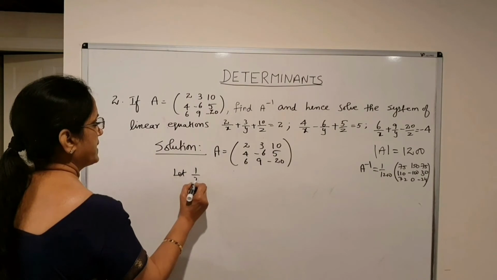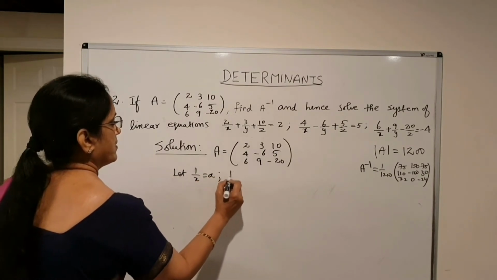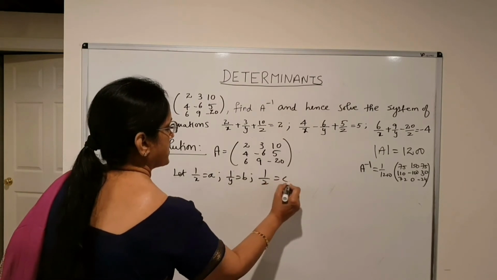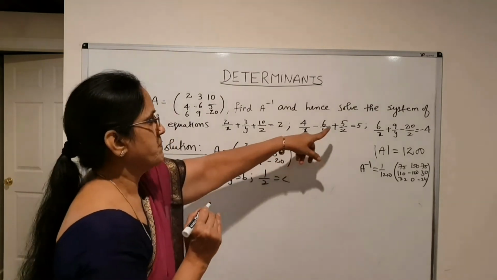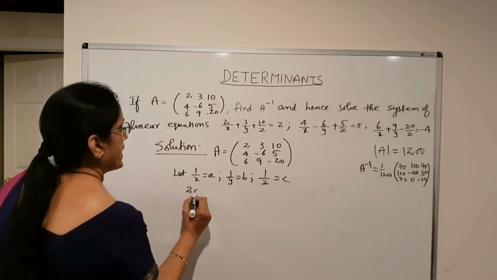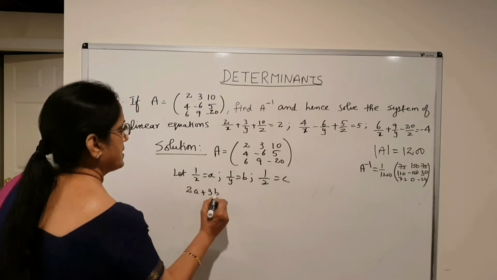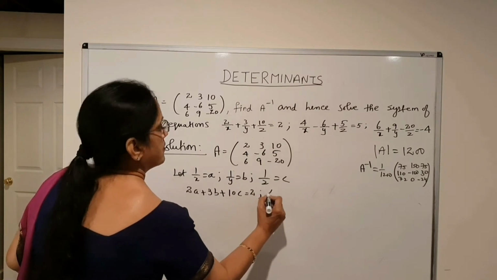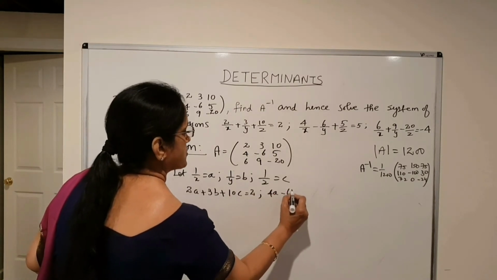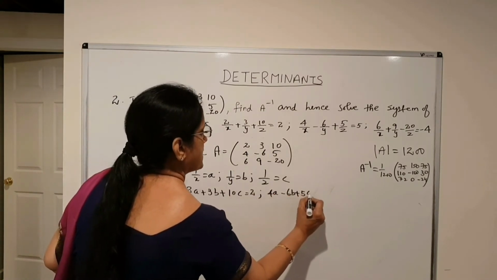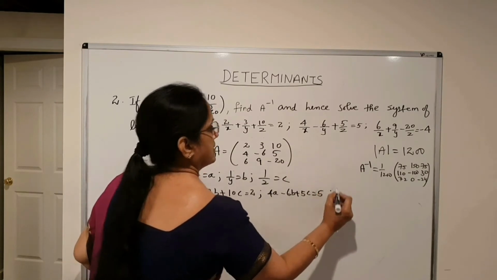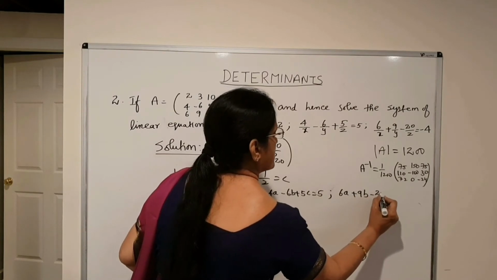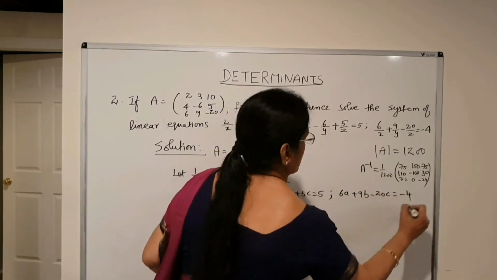Let 1 by x is equal to a, 1 by y is equal to b, 1 by z equal to c. Now these equations will become 2a plus 3b plus 10c equal to 2, 4a minus 6b plus 5c equal to 5, then 6a plus 9b minus 20c equal to minus 4.